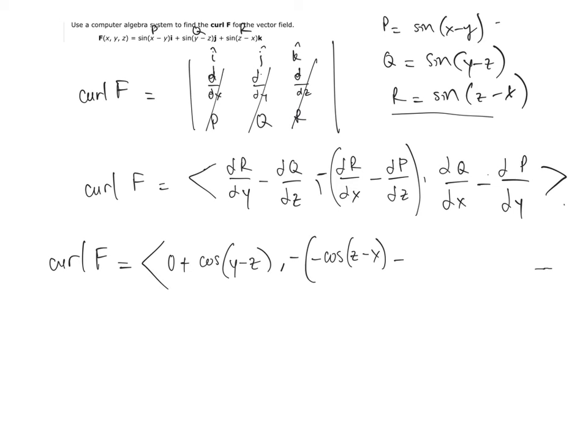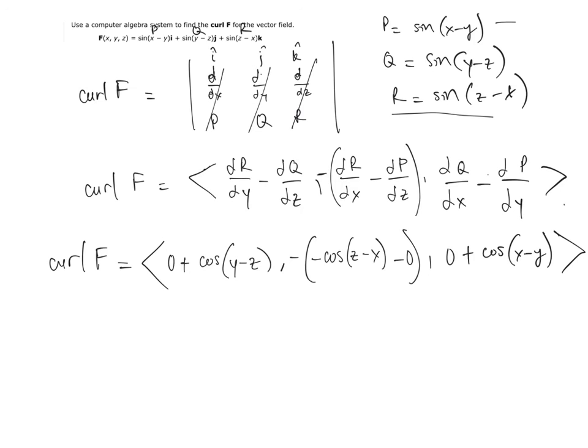So partial of P with respect to z gives you 0. Partial of Q with respect to x is 0, minus partial of P with respect to y. Partial of P with respect to y will get cosine of x minus y, but don't forget the chain rule inside. Negative y gives you positive.